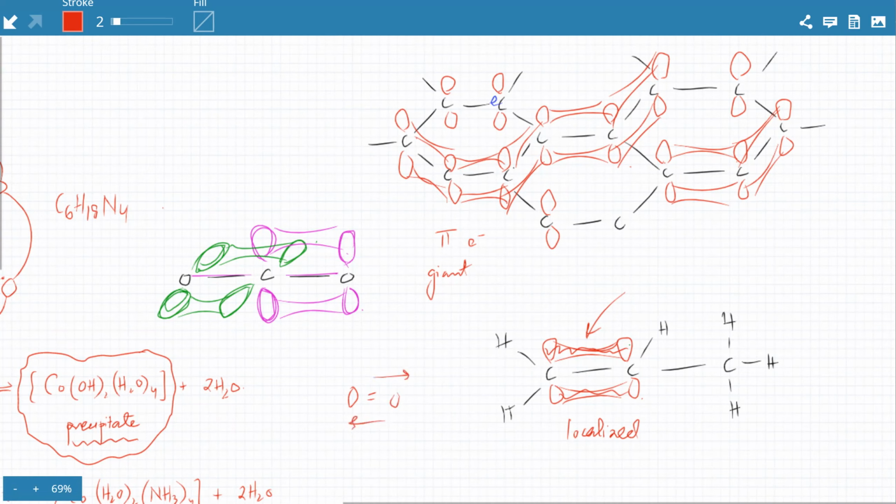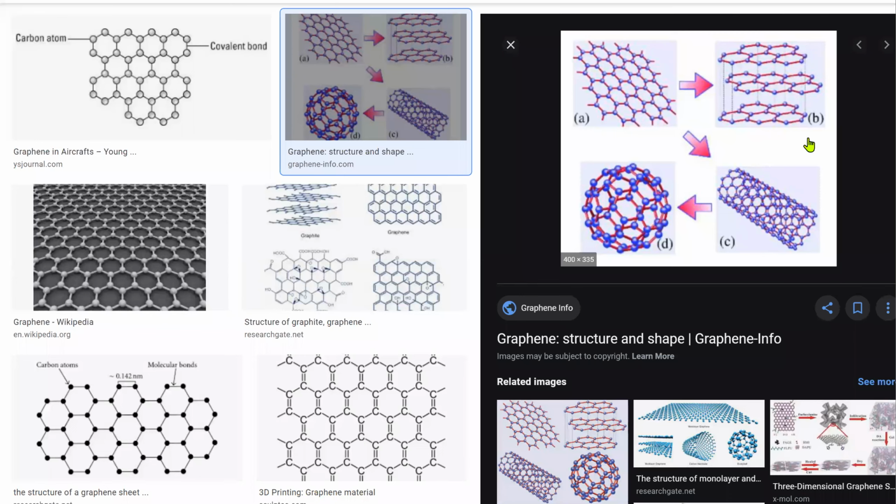Unlike permanent dipoles, there won't be any permanent dipoles, but the electrons can move about randomly. So one part of the molecule can have a partially positive charge and the other part can have a partially negative charge. That's why graphite has these weak van der Waals forces.